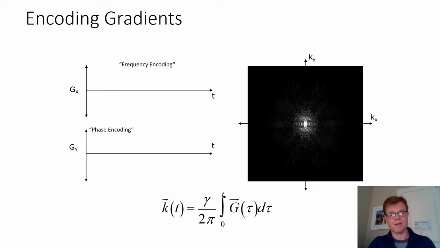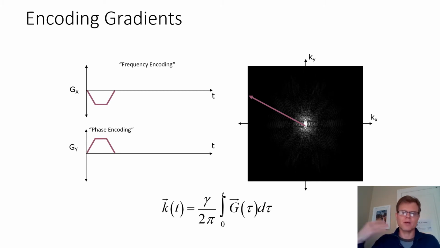Now what happens if we add phase encoding? Now it's going to look like the example that I drew a couple of slides ago, where if you combine both this negative gx and then a gy, we're going to go at this angle. So slightly different than the example I showed, but this is actually more realistic to how we acquire data. So now we have some encoding, or some position in ky that we've traveled to.